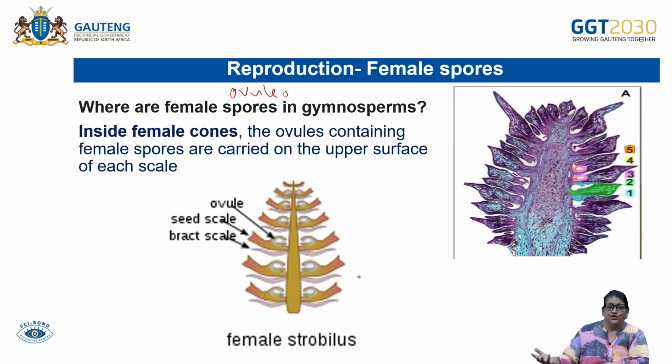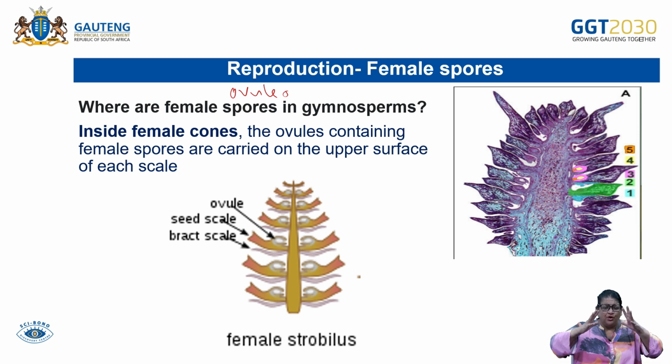So the seeds are formed from fertilized ovules. That means the male gamete and female gamete fuse to form a zygote inside this ovule. When the ovule is fertilized, it forms a seed, and then the seed will fall onto the ground and germinate to form a new diploid sporophyte plant, which is your pine tree.